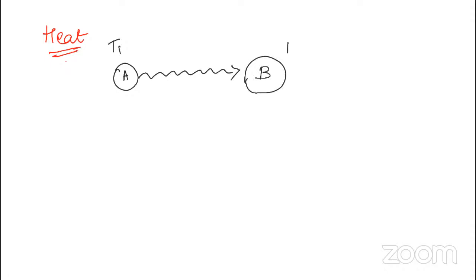Suppose we are taking an object, A. Initially it has a temperature T1. Some energy is transferred from A to B. Some amount of energy is transferred from A to B. At that time, B has a temperature T2.